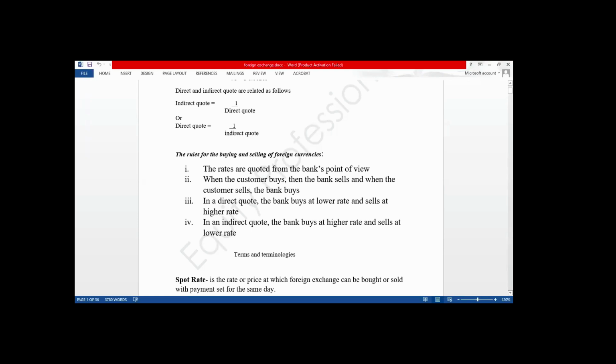Rule number 4. In an indirect quote, the bank buys at higher rates and sells at lower rates. What this means is that you need to identify the type of exchange rate quotation you are given in the question. Is it a direct quote or an indirect quote?